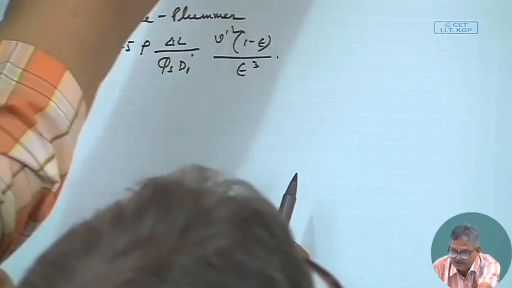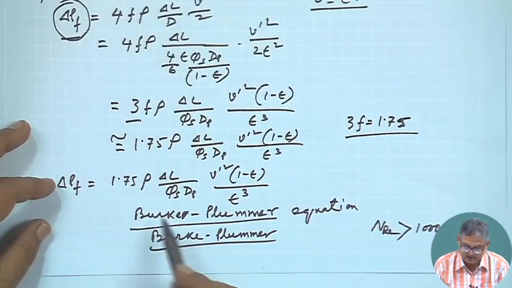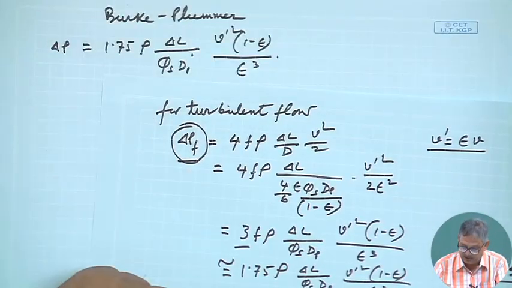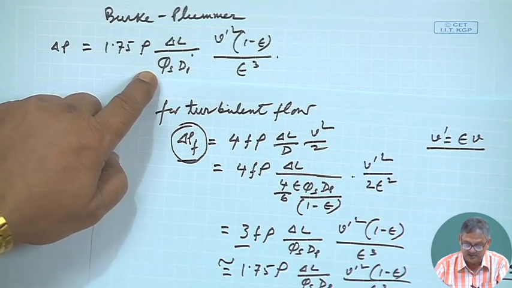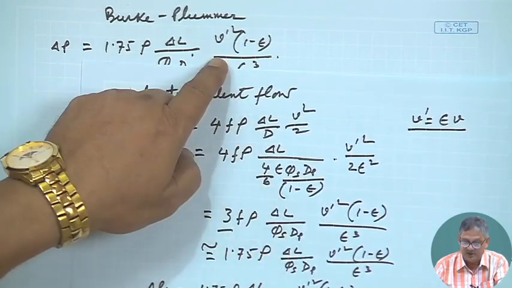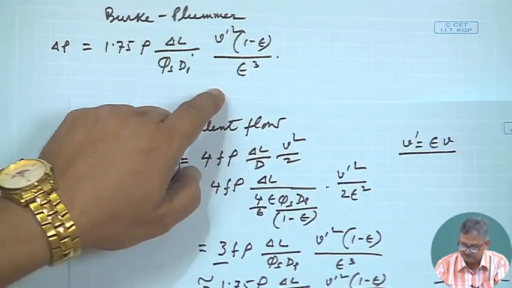This we just have done here. It was 1.75 rho delta L over phi s dp V prime square into 1 minus epsilon by epsilon cube.